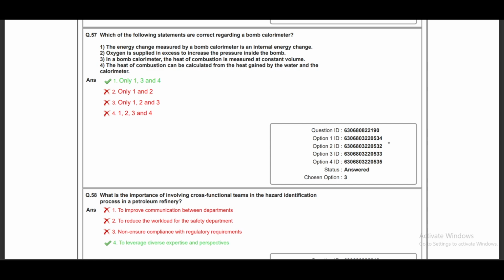Which of the following statements are correct regarding bomb calorimetry? First, energy change measured by bomb calorimetry is an internal energy change. Correct. Second, oxygen is supplied in excess to increase the pressure inside the bomb. Also correct. In a bomb calorimeter, the heat of combustion is measured at constant volume. That is also correct.